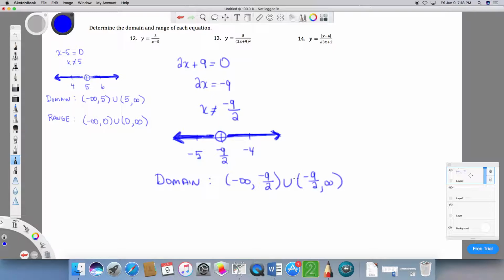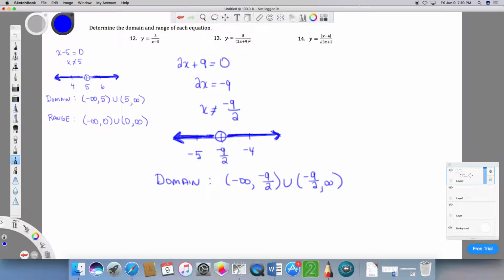Now, for the range, again, I use that idea about fractions, that if a fraction ever reduces to zero, it would be because of the numerator. But this numerator is never going to be zero. This numerator is always going to be 8. No matter what x you substitute into this equation, the numerator remains 8. So I know that the y value is never going to be 0.